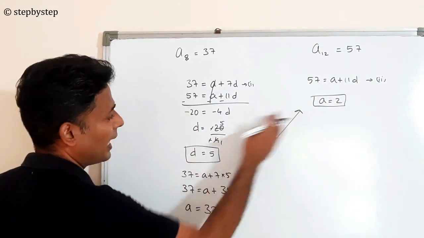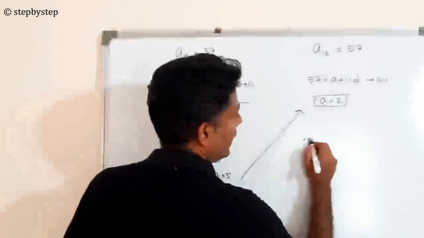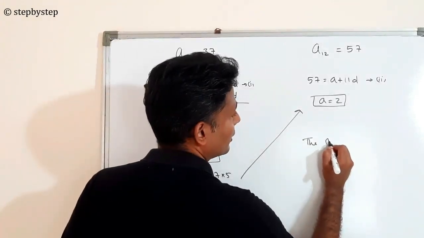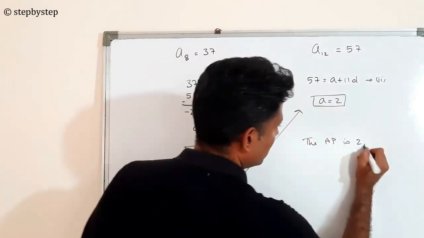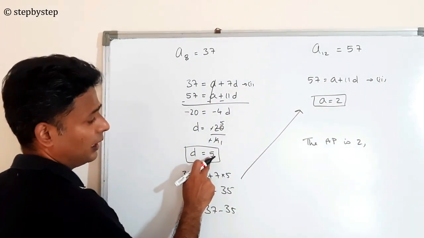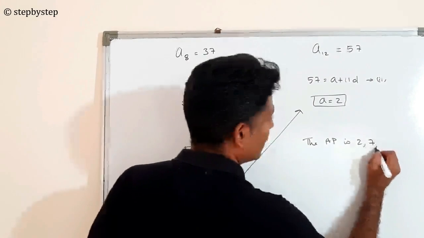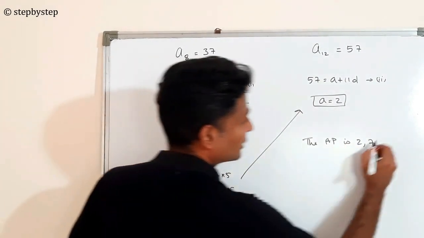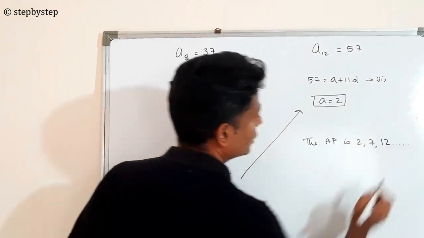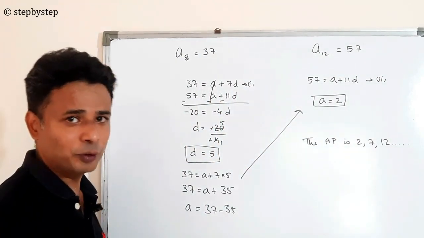Alright. Now we know A and we know D. We can find the AP. So the AP is, the first term is 2, second term is first term plus D, that is 2 plus 5, 7. The third term is second term plus D, that is 7 plus 5, 12, and so on. So we found the AP.